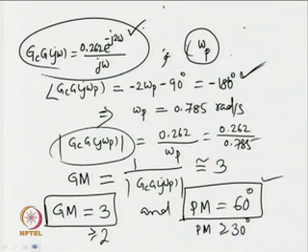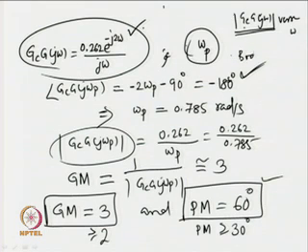When the magnitude of the loop gain GCG j omega is plotted versus the frequency, we get the Bode magnitude plot.